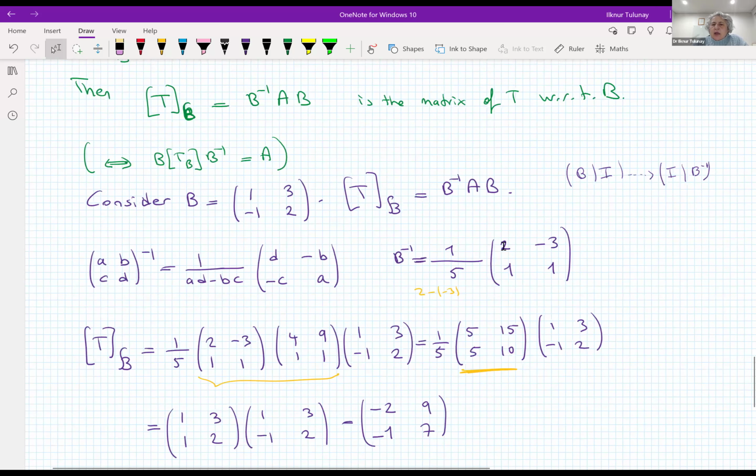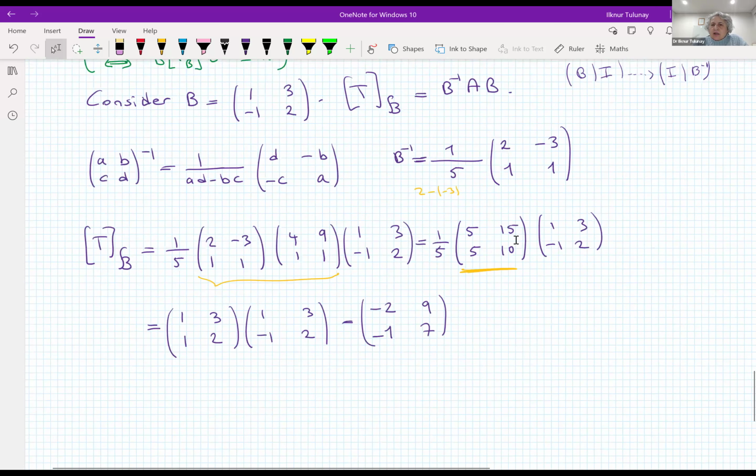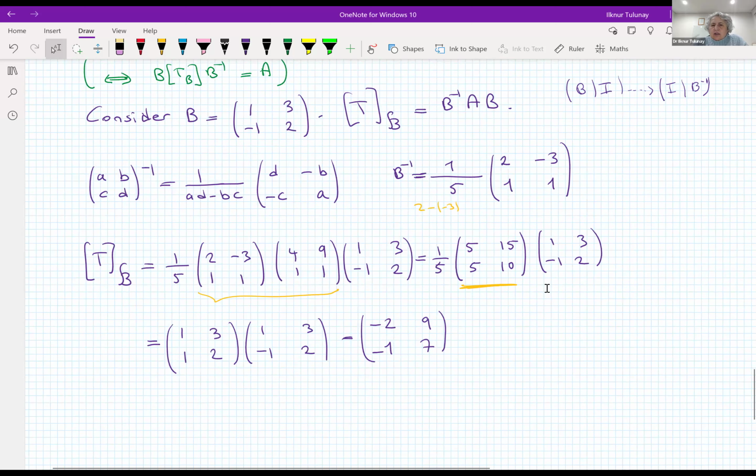Now let's multiply this matrix with B. This row with this column. Before multiplying, I just multiply with 1 over 5 because we have too many 5s. This is 1, 1. This is 3, 2. This is how we got that. And then multiply with this.